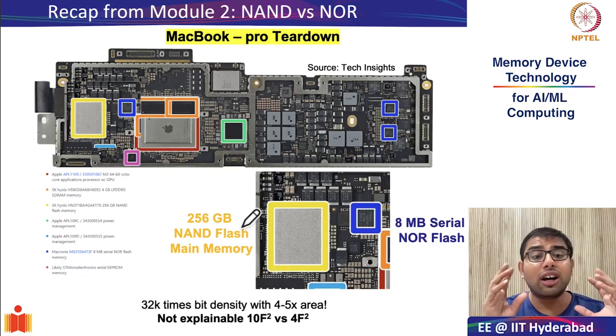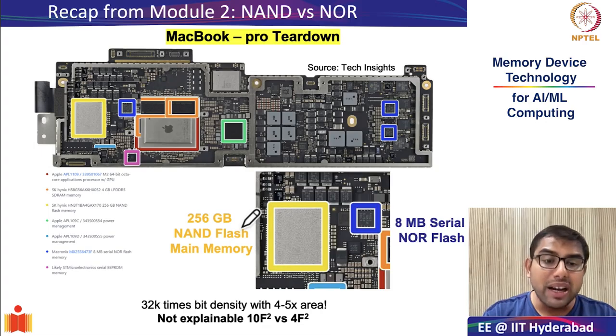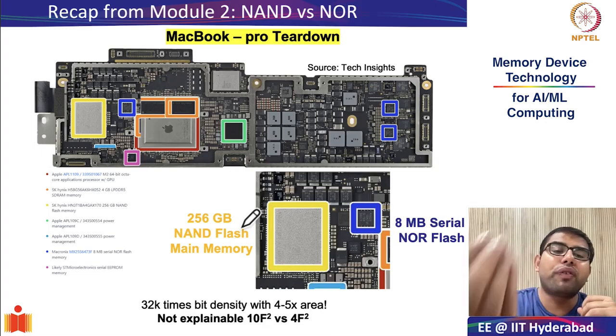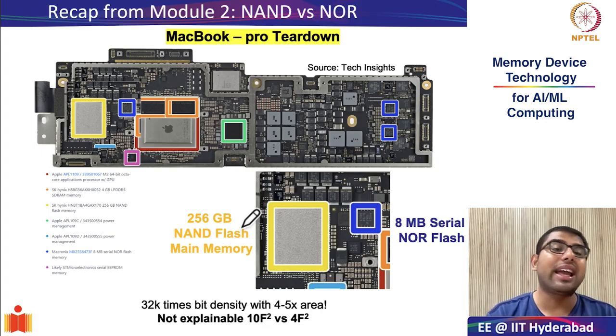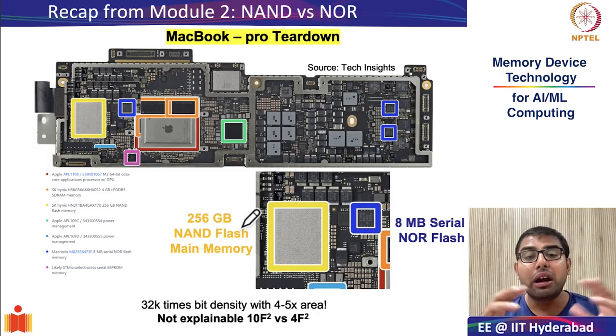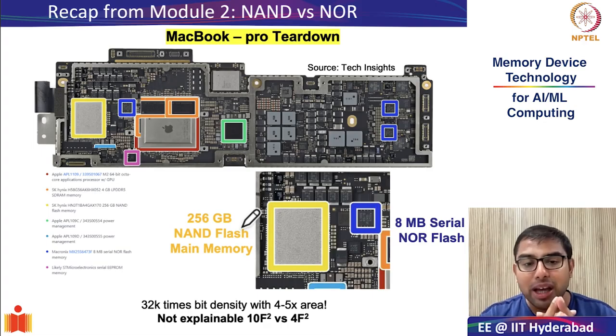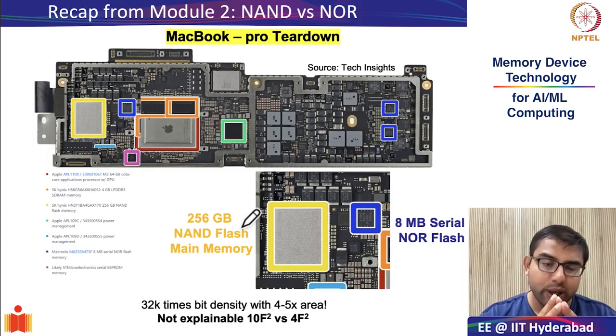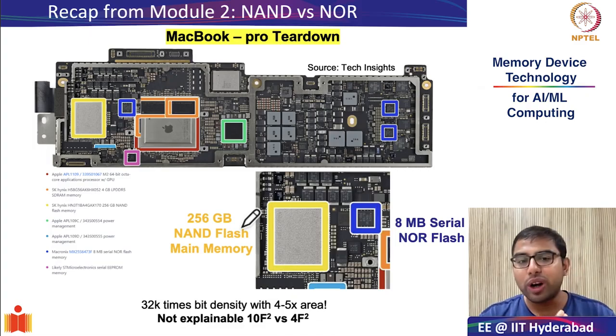So almost a 32 times better bit density with only 4 to 5 times more area in NAND flash compared to NOR flash. What did we study in the previous slide? That the minimum dimensions, or the scalable dimensions, of NOR flash is 10F squared, whereas for the NAND flash is 4F squared.